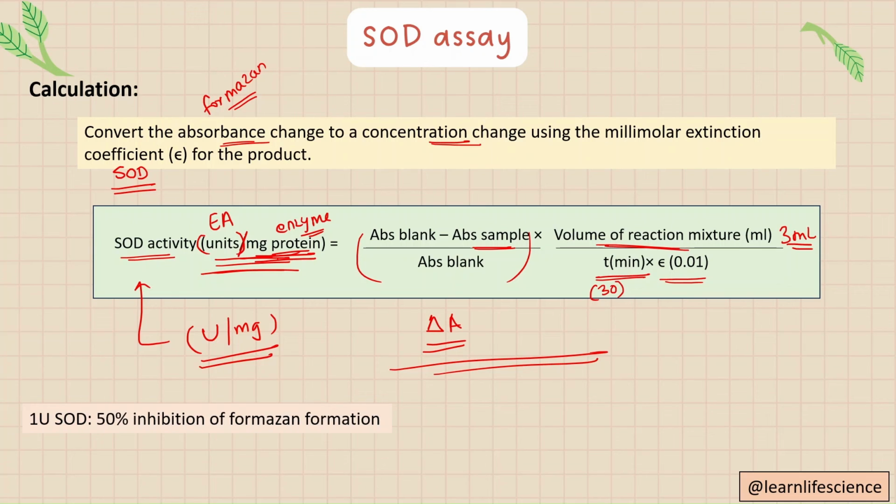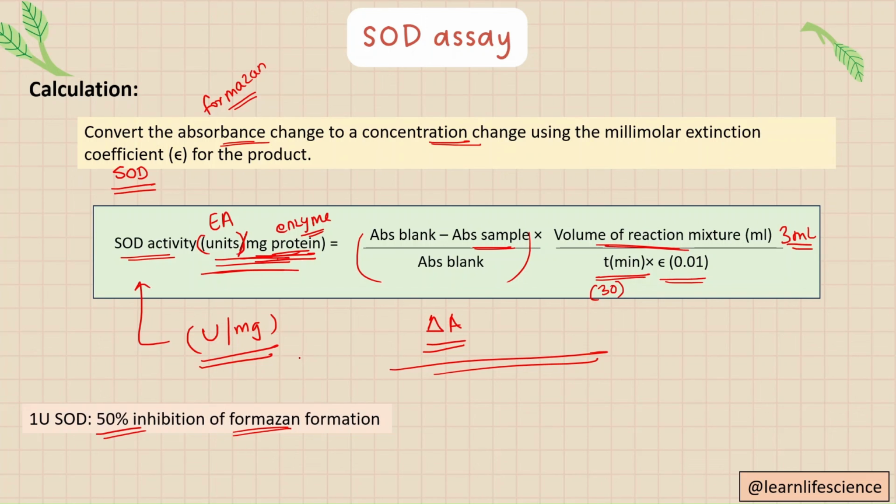Also, one thing: 1 unit of superoxide dismutase is reported to show 50% inhibition of formazan formation. So likewise you can calculate your activity. In this way you can carry out the experiment and calculate your result.